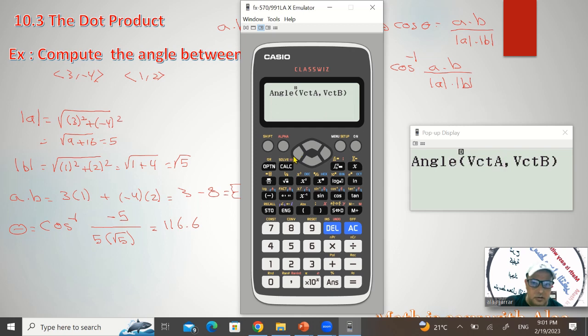Just a minute, what we did, angle vector A, where is the dot? Okay, shift, we use this one, I think. Yes, this one, we will use shift and the brackets here. Same answer.